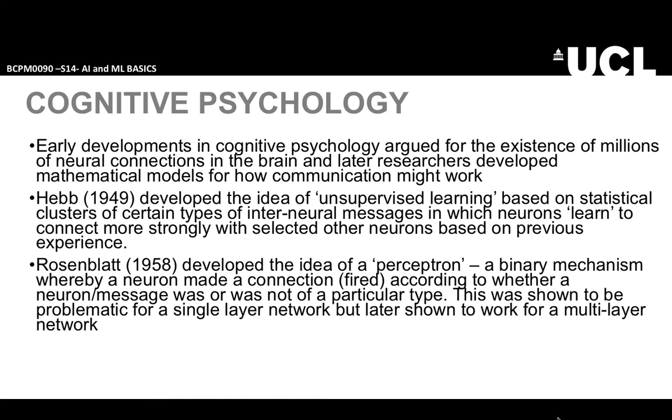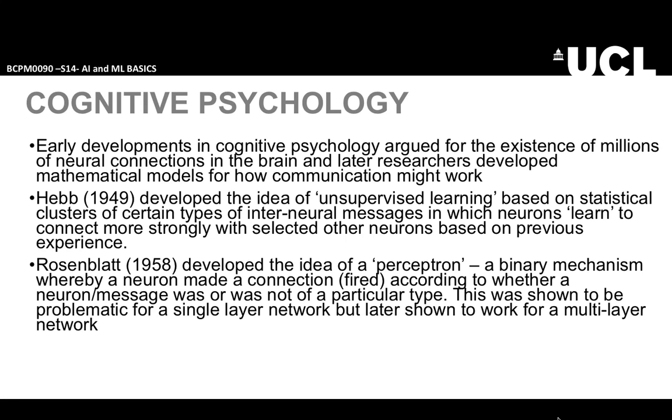In 1949 the idea of unsupervised learning was developed, based on statistical clusters of certain types of interneural messages, in which neurons learn to connect more strongly with selected other neurons based on previous experience. Later, the idea of the perceptron was developed.